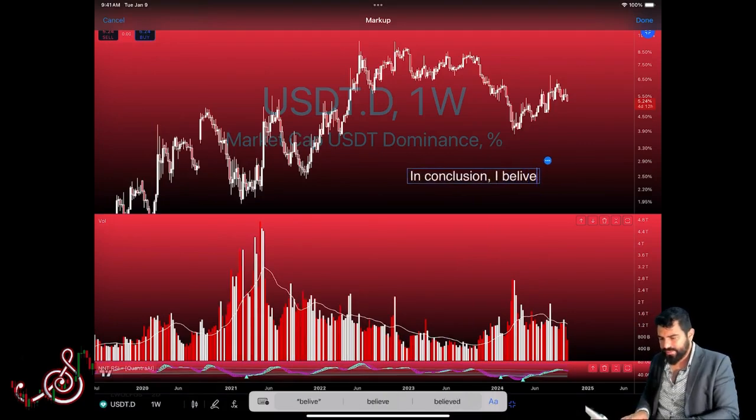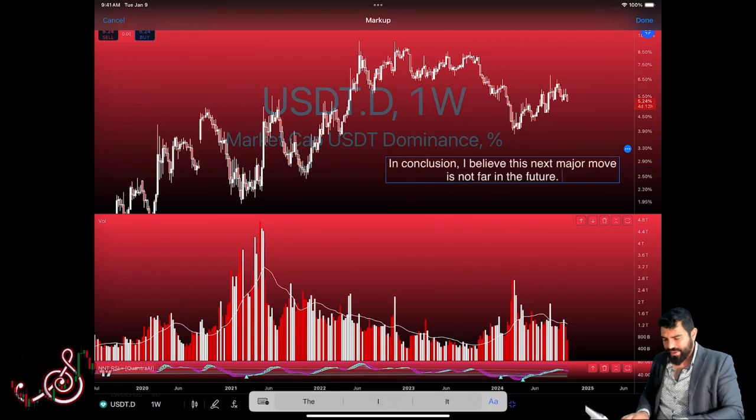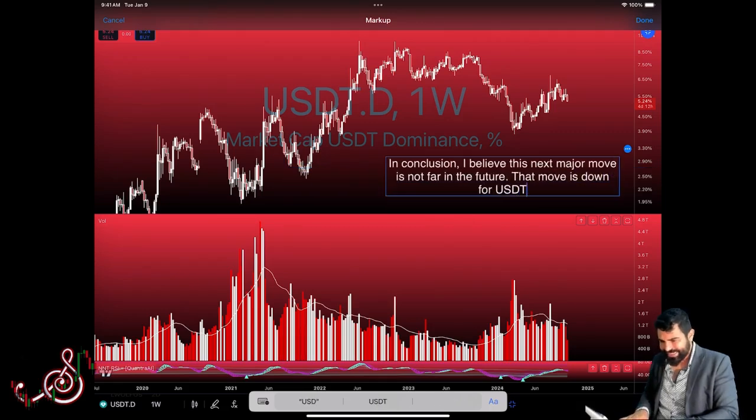In conclusion, I believe this next major move is not far in the future. That move is down for USDT.D. Then that means a strong up move for Bitcoin.